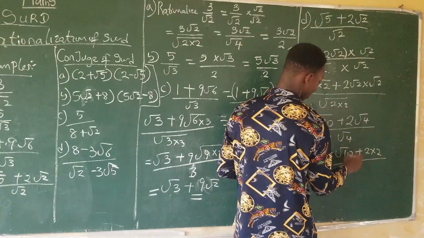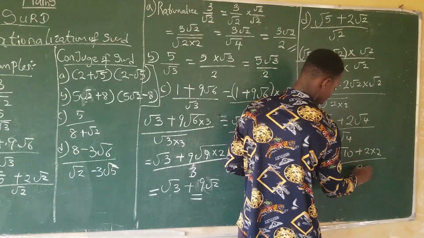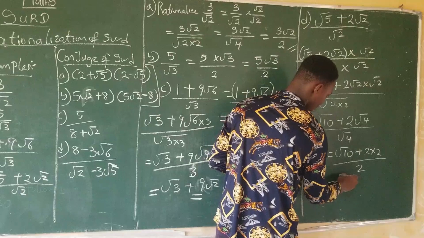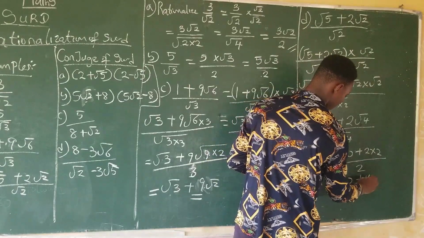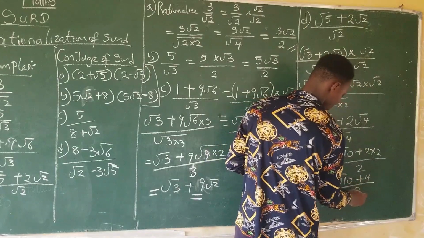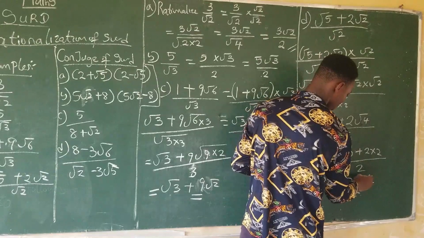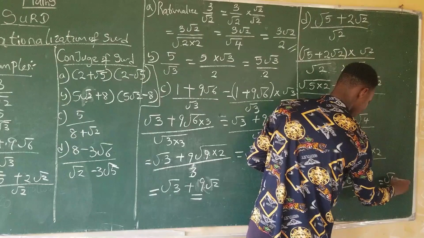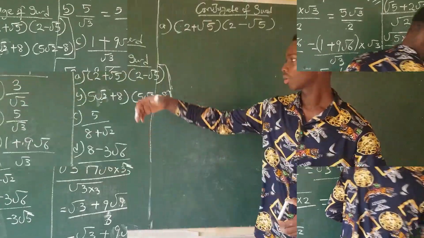For here we have square root of 4 is what? Is 2. So our final answer for this question is given as 10 plus 4 all over 2. 2 here 1, 2 in 4, 2. So our final answer from here becomes root 10 plus 2.